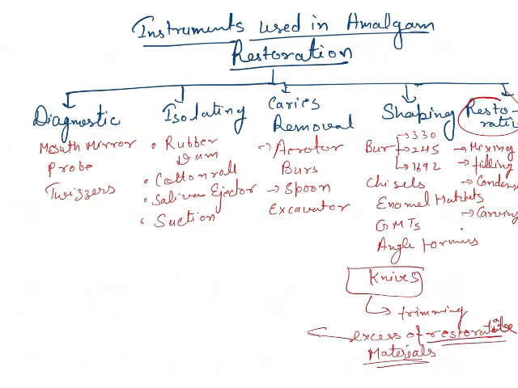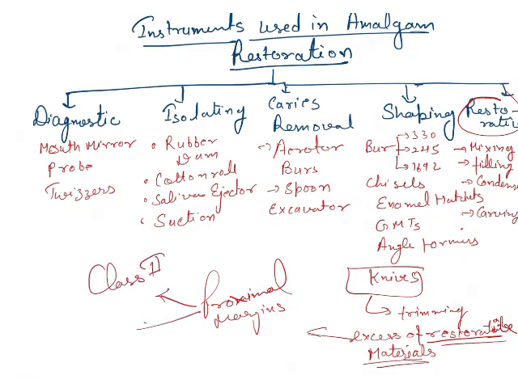From the proximal margins, we are going to remove the excess material, and this is particularly done in the case of class 2 as well as class 5 cavities. So these are the various instruments which we have seen.